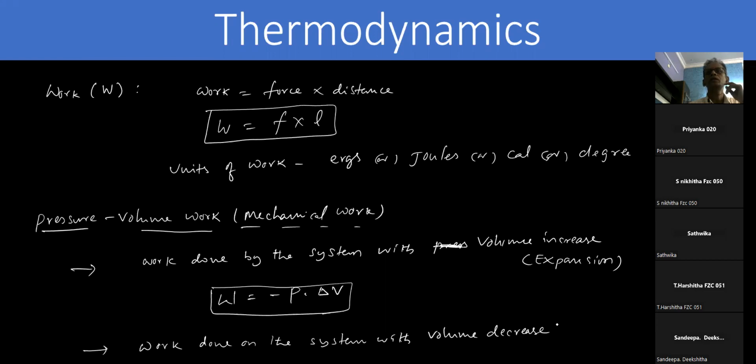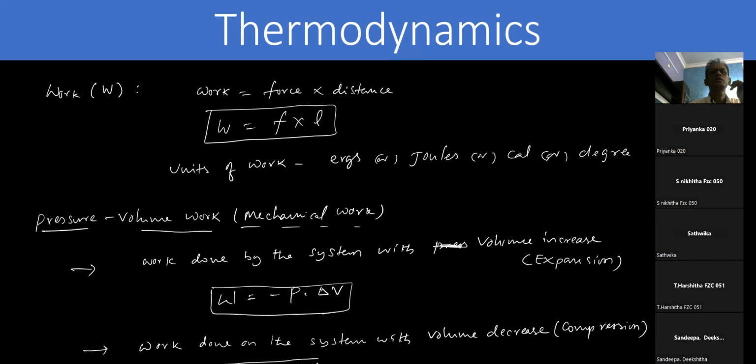A decrease in volume means compression. It can be expressed like this: W equals P delta V. Here there is no negative sign.